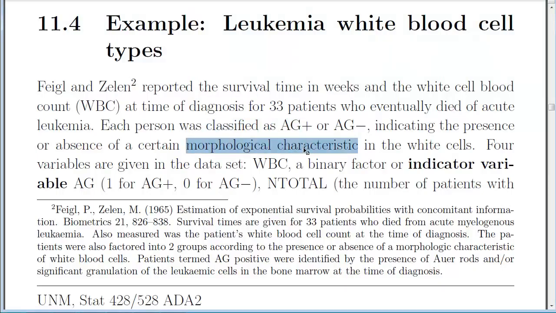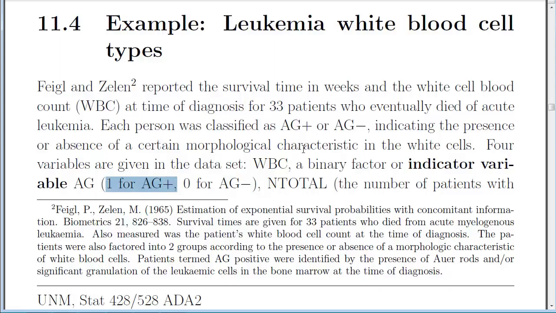Okay, so we've got the count of the cells and then this morphological or shape characteristic. So we are going to code the binary factor indicator variable as a 0 if it was AG negative and a 1 if it's AG positive.